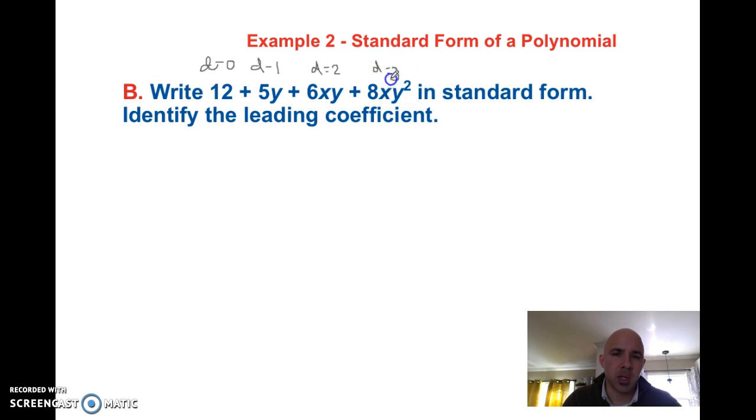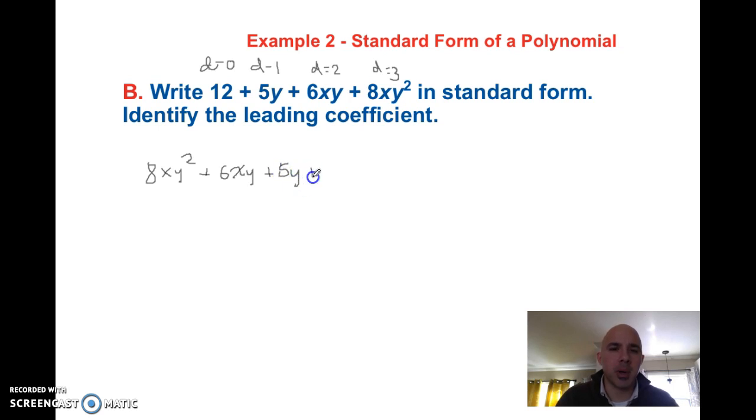If that's a little confusing, let me know so I can clarify that for you. After you figure out what the degrees are, you place the terms in order with the highest degree first. So this one is our first: 8xy squared. Our next one is degree 2, so that's 6xy. Third is 5y.